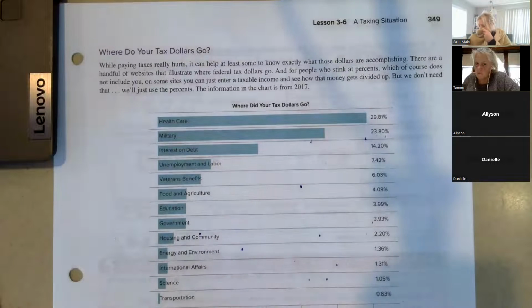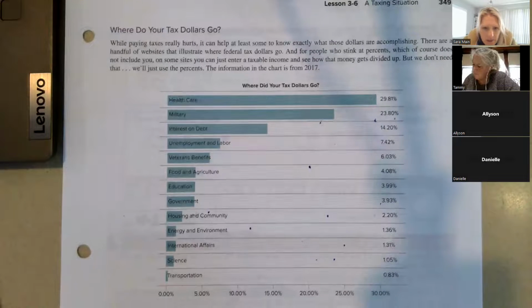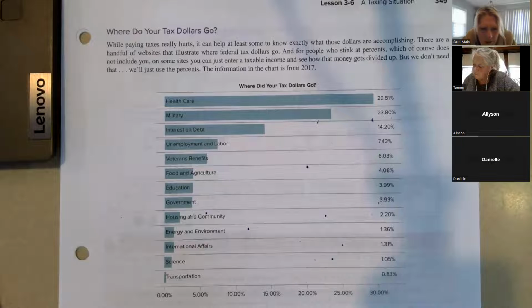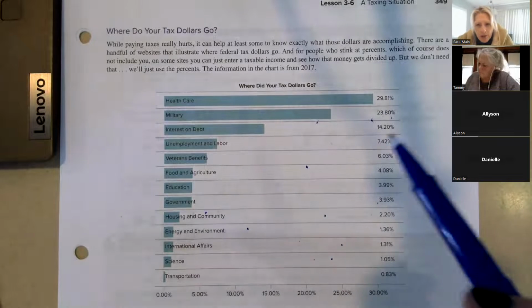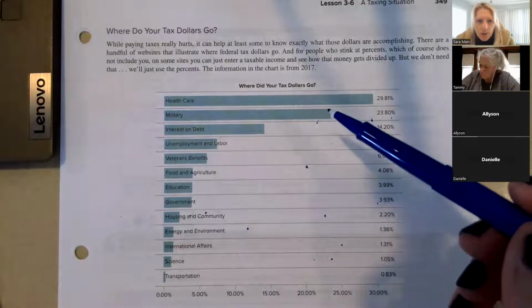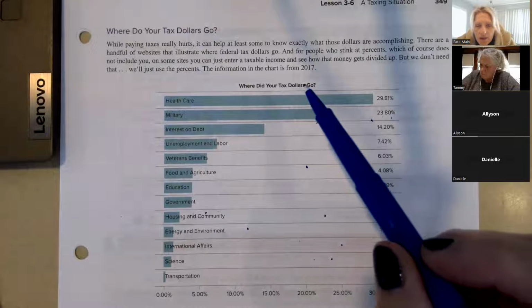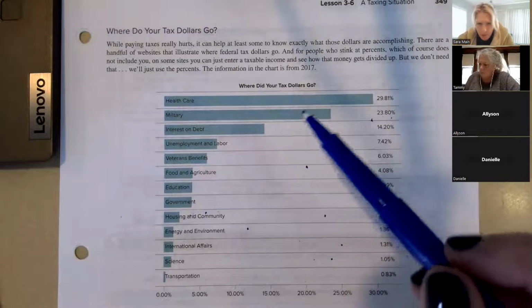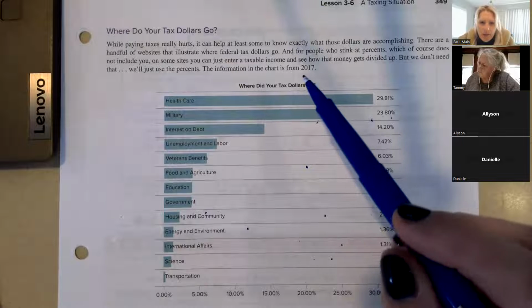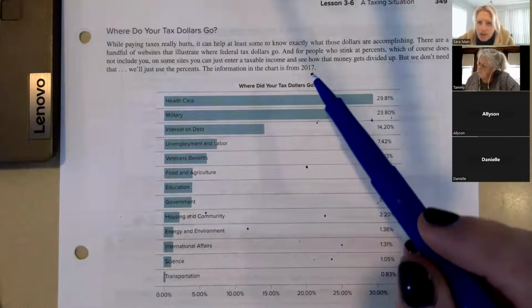We did some looking in class, and I have been successful before, but we weren't the other day, finding out what it is currently. I do know that it does change a little bit because in 2017, Trump was in office. And so usually when Republicans are in office, if he had time to change it. So I don't think he could change it until 2017.